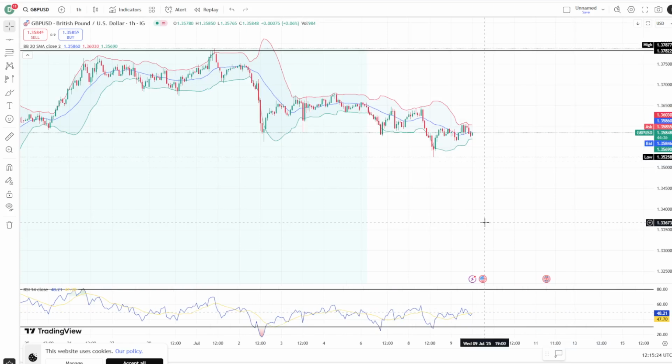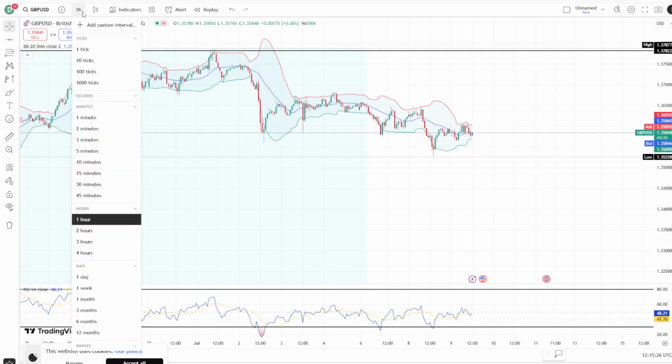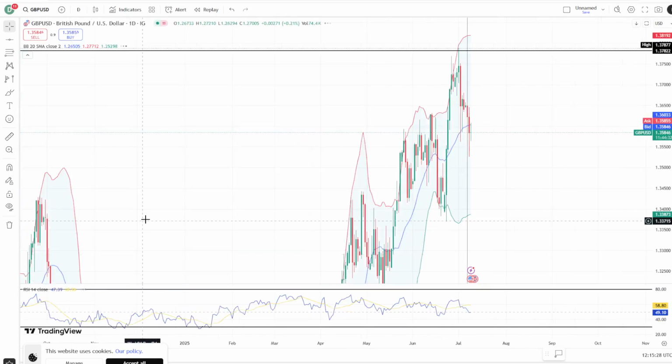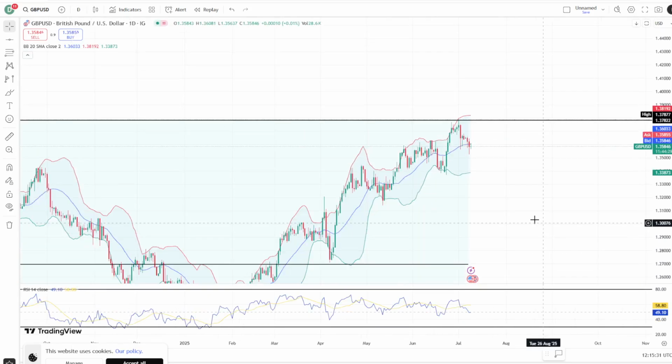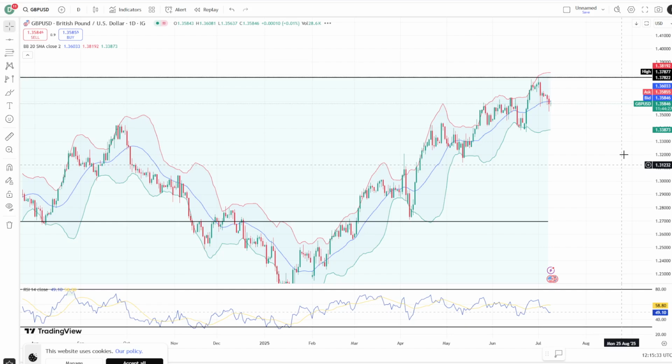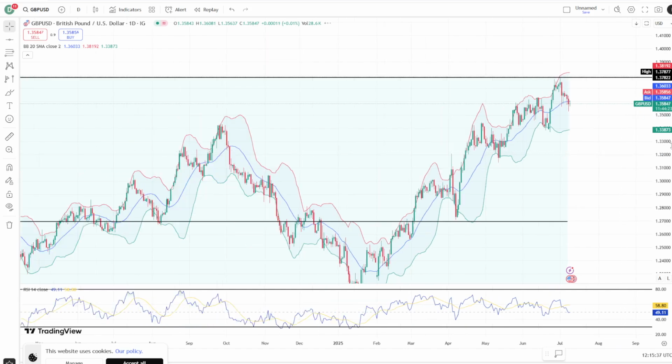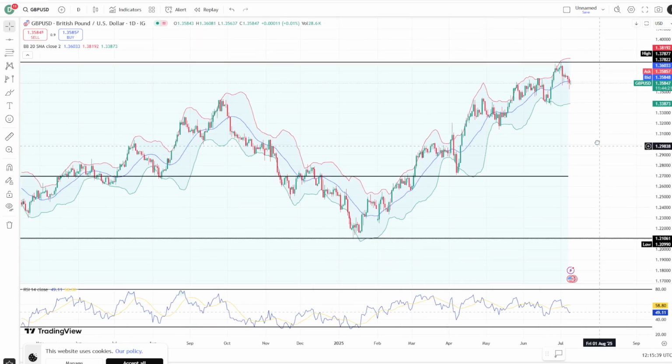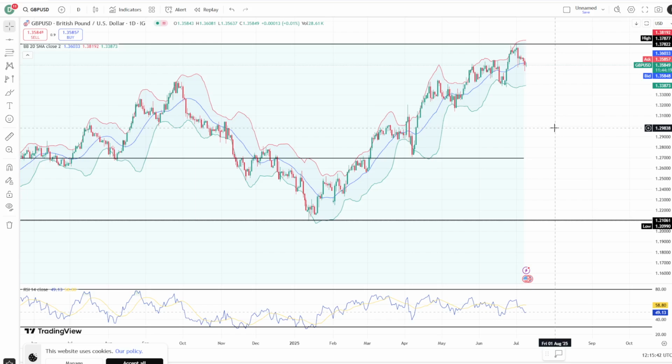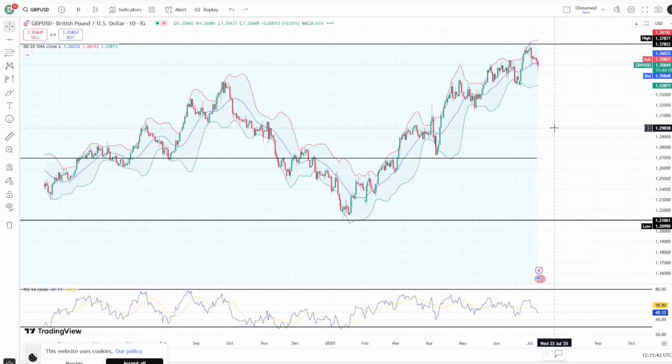That's the 1 hour chart. Okay, let's take the daily chart. Okay, so with basic technical analysis, we can presume some things more or less.